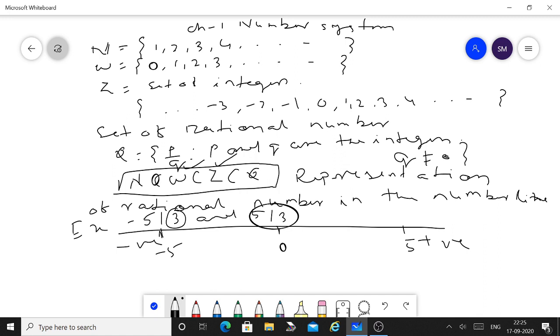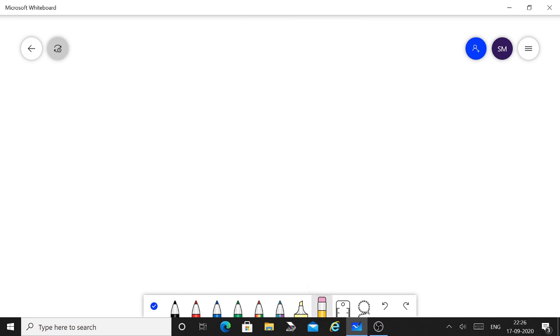Then divide 0 to -5 and 0 to 5 in 3 equal parts. Then this is -5 upon 3 and this is 5 upon 3. Understand students? This is how you can represent it in the number line.